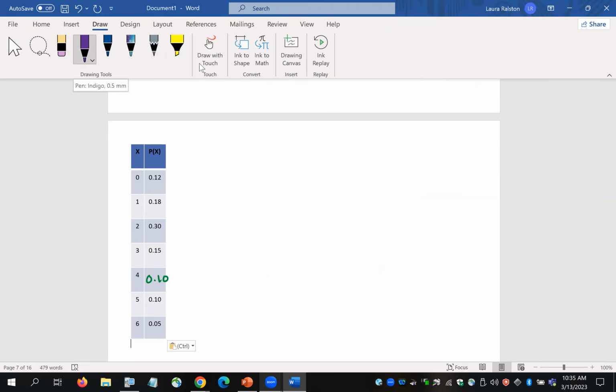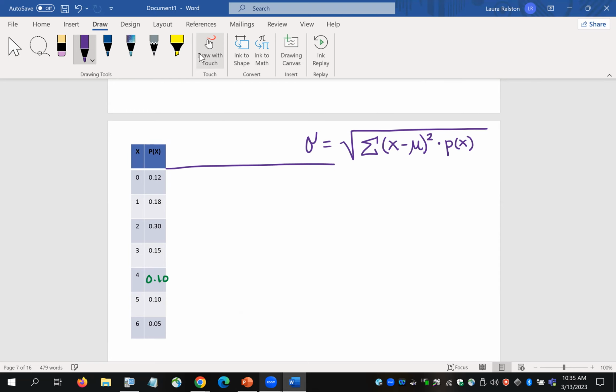Okay, the formula for the standard deviation is the square root of the sum of x minus the mean squared times the probability of x. Okay, so I'm going to add a couple of columns here. Whoops. Kind of crooked there.